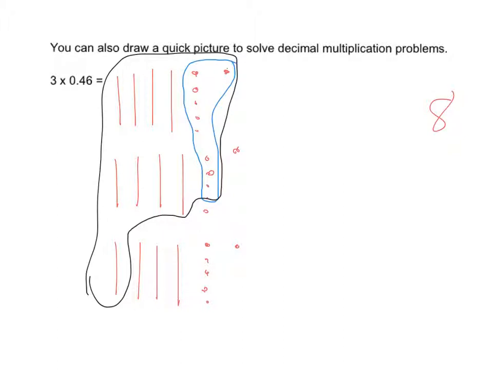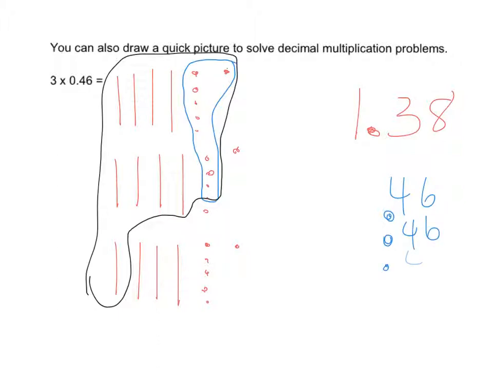So that becomes a 1 whole. So here's my 1 whole. And then right in here, I've got 1, 2, 3 tenths left. So 1 and 38 hundredths.